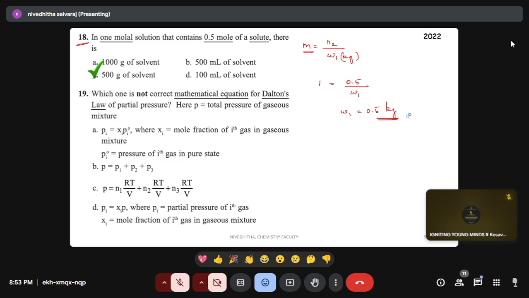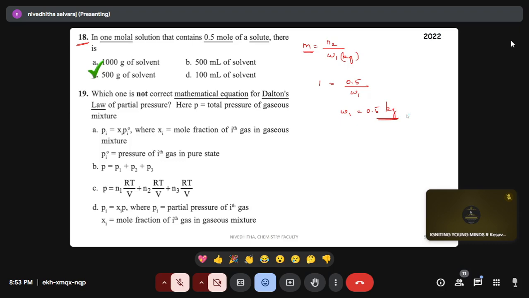Okay. Senthamil Chelvan, could you please justify your answer? Why is it option D? I thought the pressure should be for the pure state, ma'am. Okay, right.